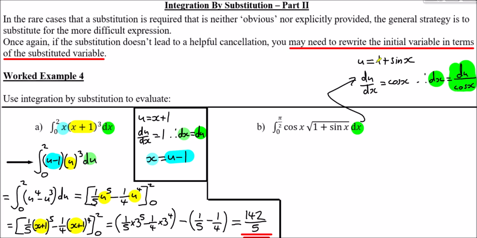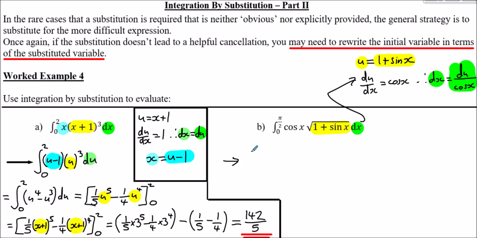We say that u is 1 plus sine x, so this will be just root u. And then cos x, well luckily this time, this du, we don't need to do anything. We can leave cosine x as it is, because if you look here, our switch for dx in terms of du, that dividing by cosine x will allow this to cancel, which is great. So weirdly, 4b is actually slightly easier. We don't need to do that extra legwork.